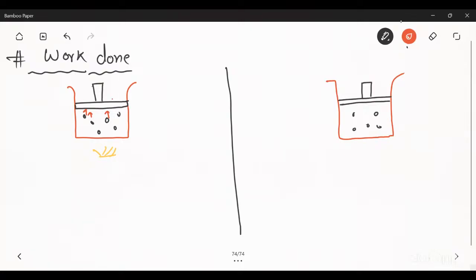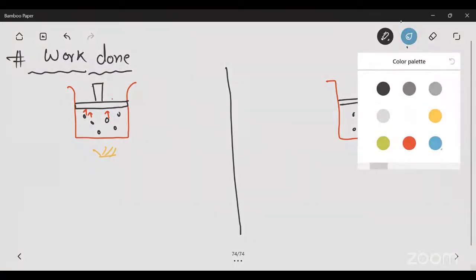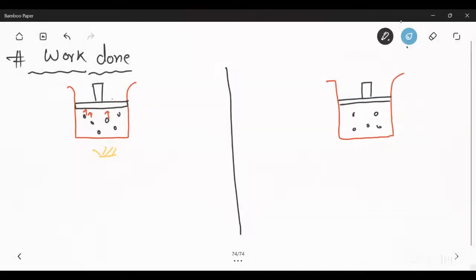So in the first case, if you heat the gas, the gas will expand and the piston moves upward. Now in the second case, if you simply press the piston, then what will happen? In this case, the gas compresses.